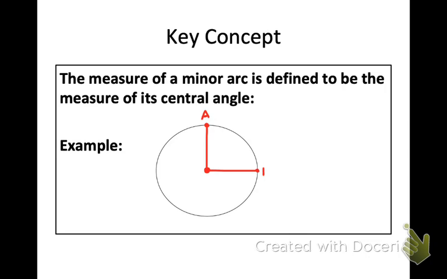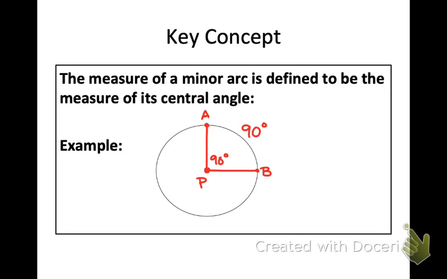Put A and B on your endpoints. Put point P back in the middle. And I'm going to put 90 degrees in there. So if my central angle is 90 degrees, then what this is telling me is that the arc itself would also be 90 degrees.